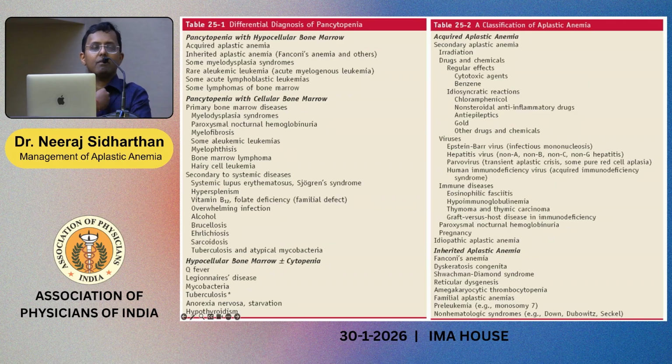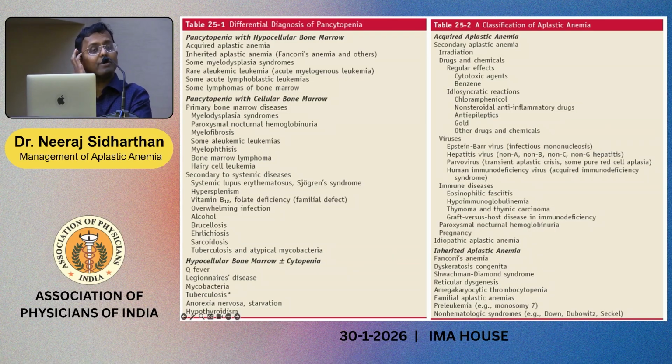We often say chloramphenicol and other anti-epileptics, but the evidence is not very strong for any of these drugs to cause aplastic anemia. On the contrary, we often see that aplastic anemia happens after a viral infection, especially a hepatitis, because you often see very high transaminitis running up to the aplastic anemia. And this is often very difficult to get.